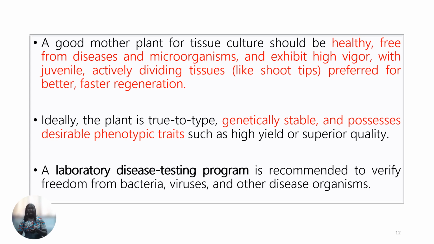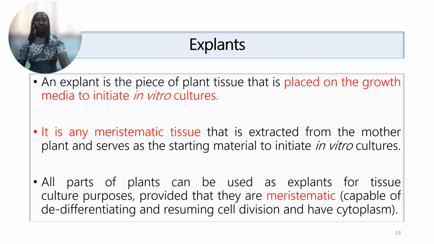So ideally, the plant is true to type, genetically stable, and possesses desirable phenotypic traits such as high yield or superior quality. In order to ensure this aseptic technique, a laboratory disease testing program is recommended to verify freedom from bacteria, viruses, and other disease organisms that are likely to interfere with the process.